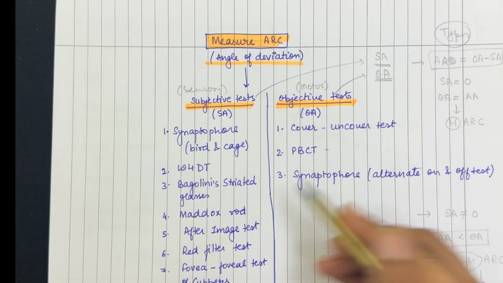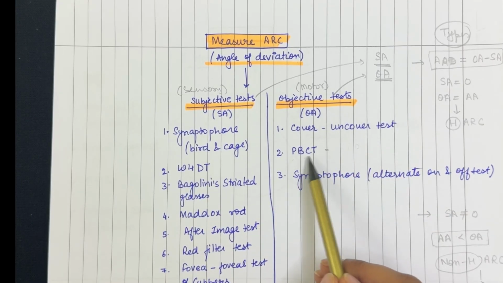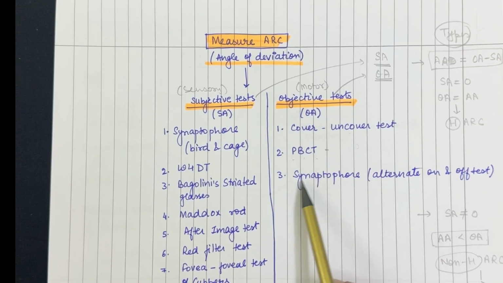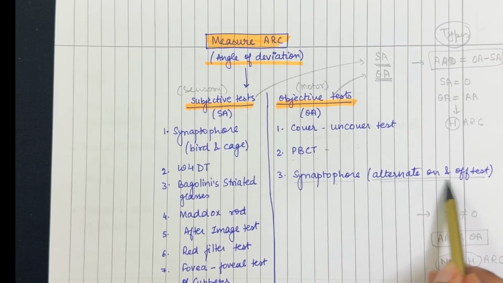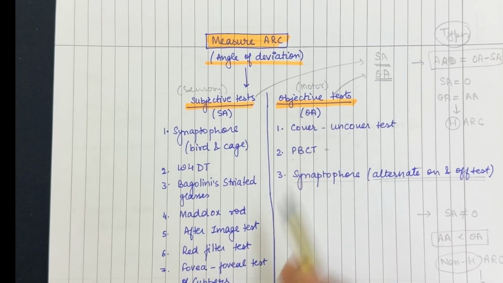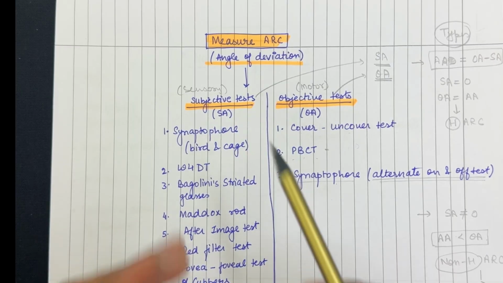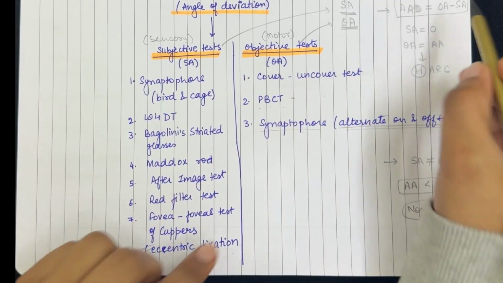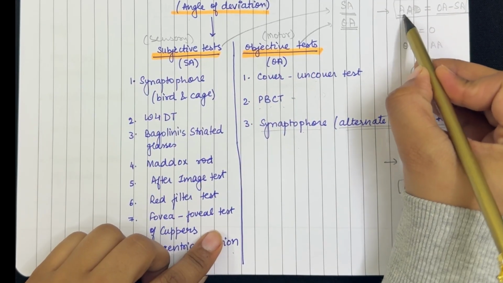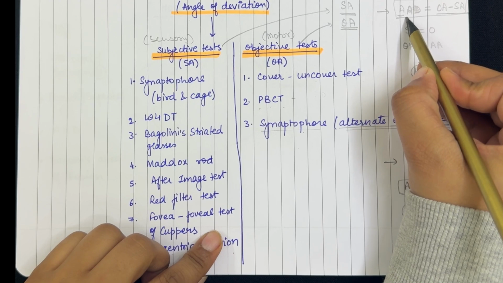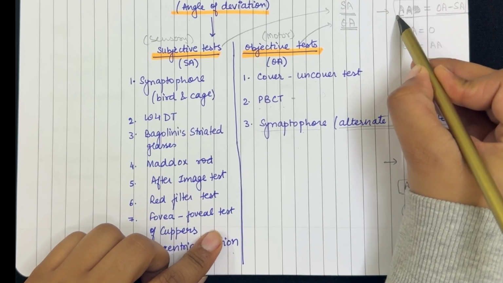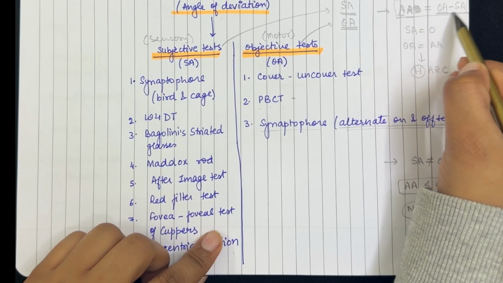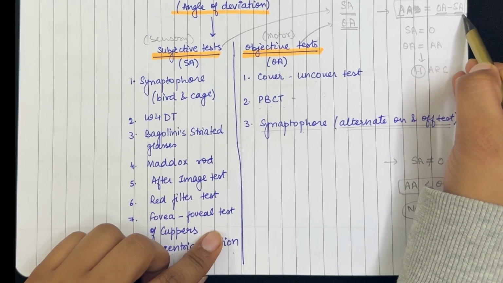For objective tests you use the prism bar cover test, cover uncover test, and with the synaptophore you can do anything. Here we use the alternate on and off test to look for the objective angle. So remember this: the angle of anomaly is equal to the objective angle minus the subjective angle, right?